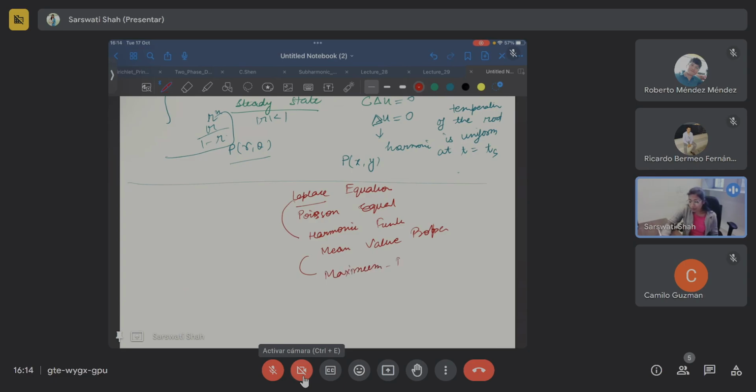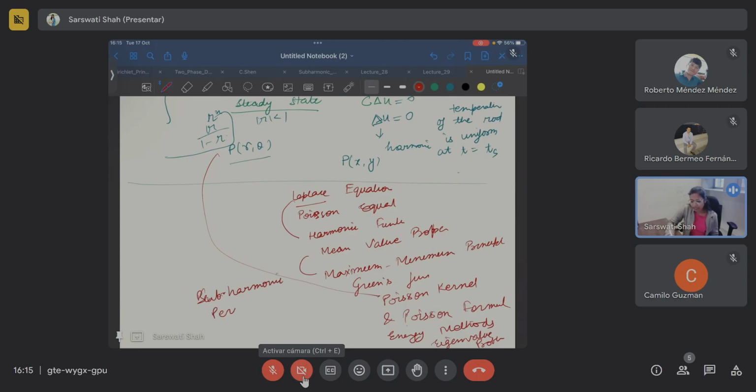These are very important topics for your general exams, the maximum minimum principle, and then we studied the Green's function, the Poisson kernel and Poisson formula, and then we studied the energy method, and then we studied the eigenvalue problem, and then the last was subharmonic.